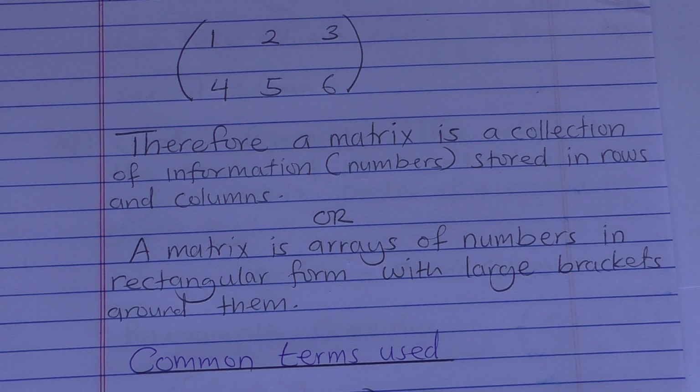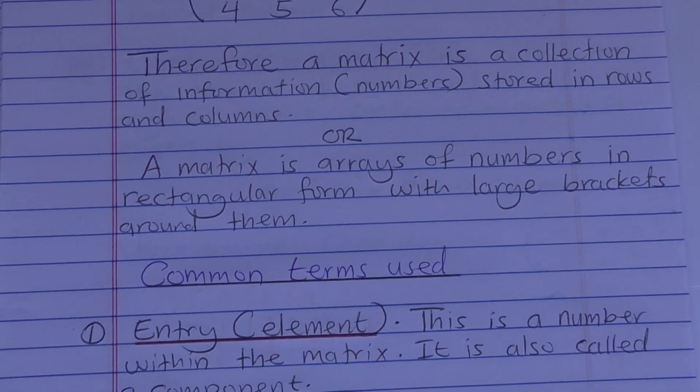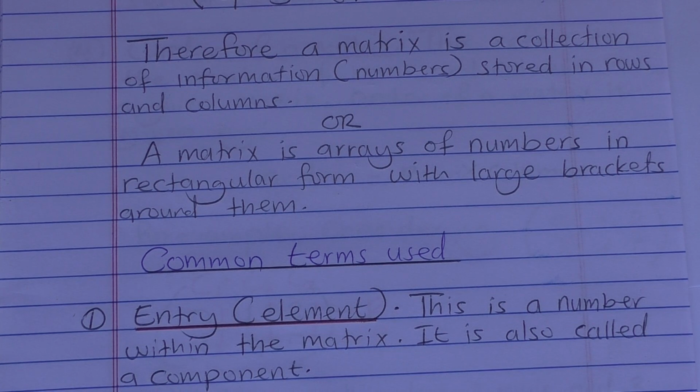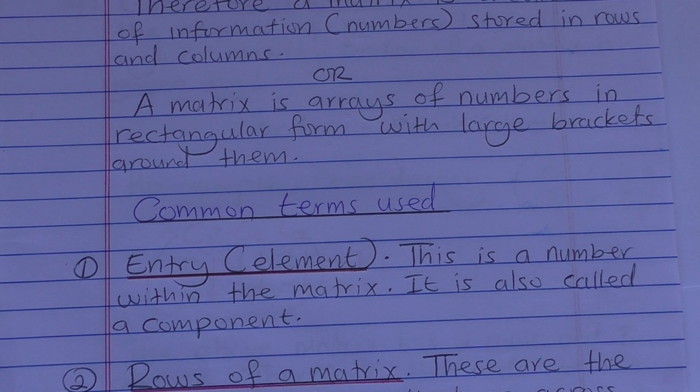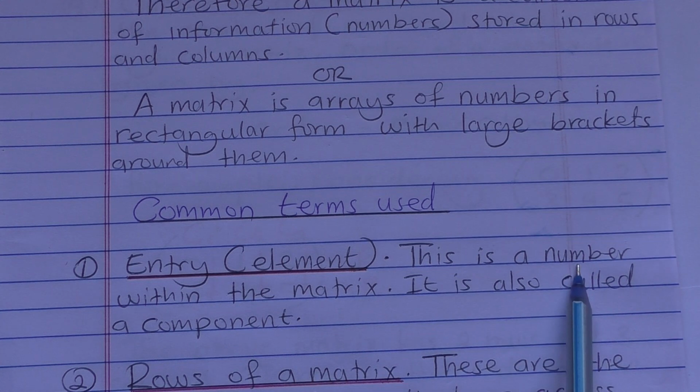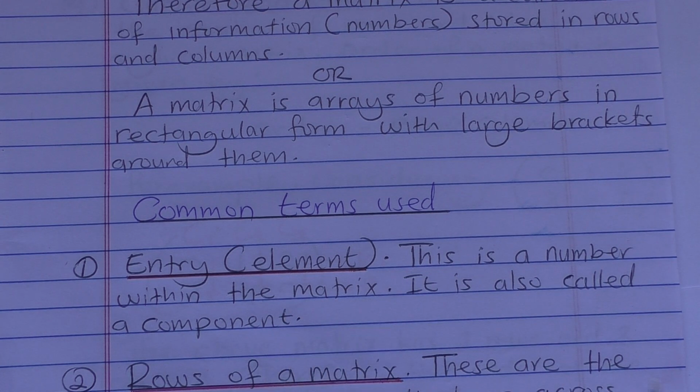Then we shall come to the common terms used in matrices. We have 6 major terms. The first one is what we call an entry or an element. This is simply a number within the matrix. Remember, we've said that the information stored in a matrix is in numerical form, or figures or numbers.